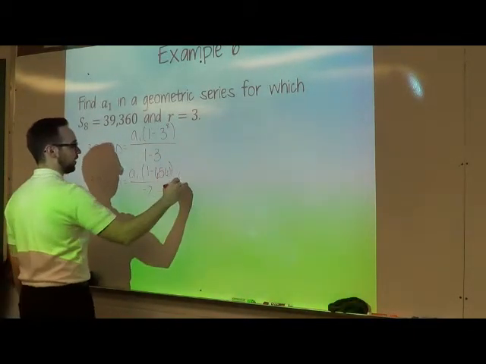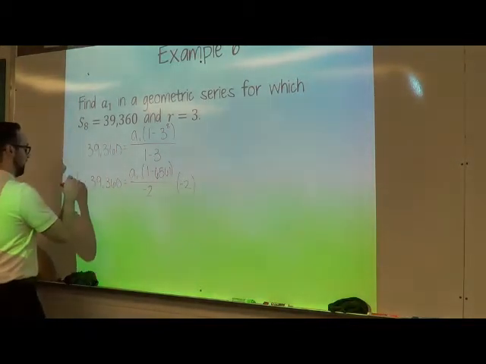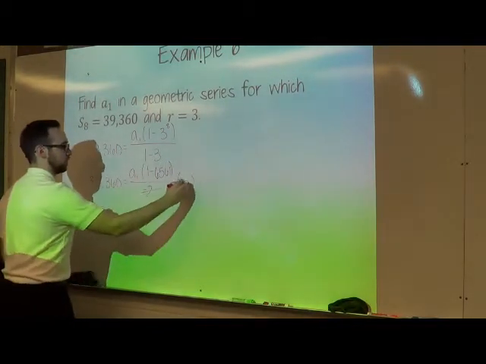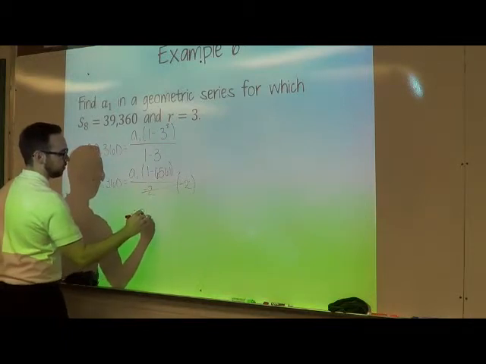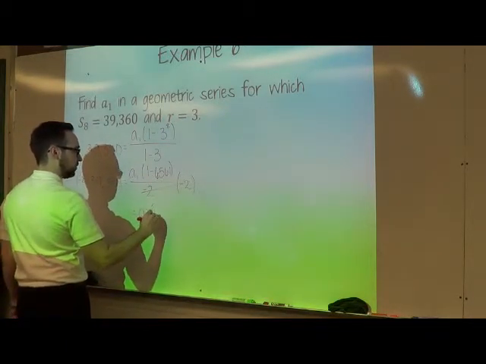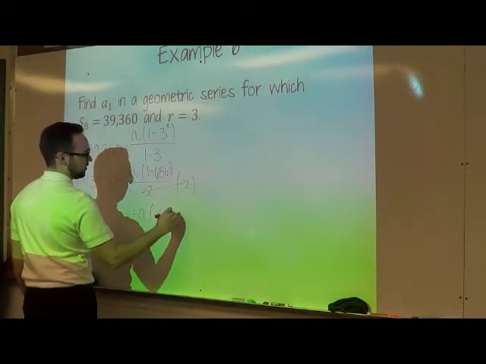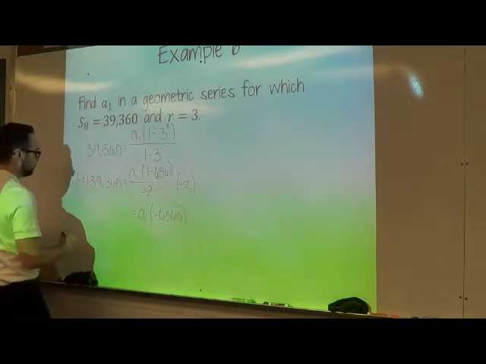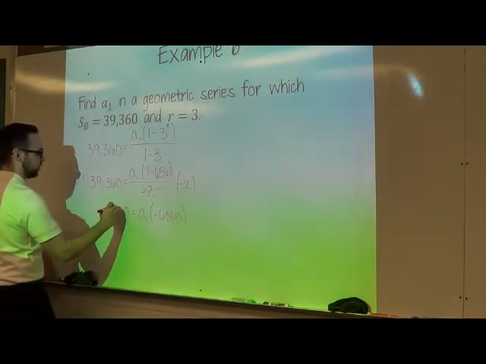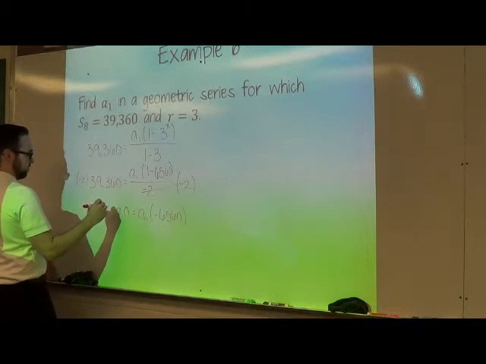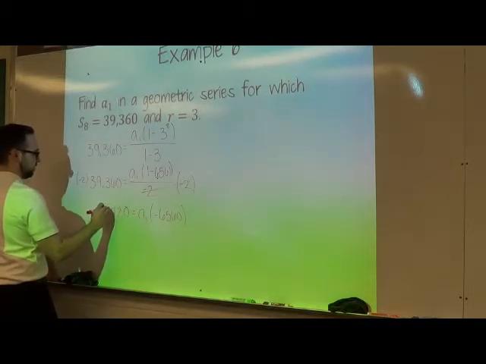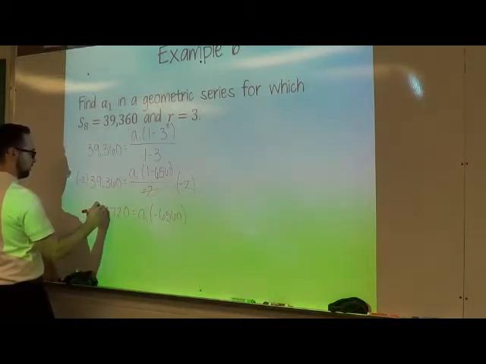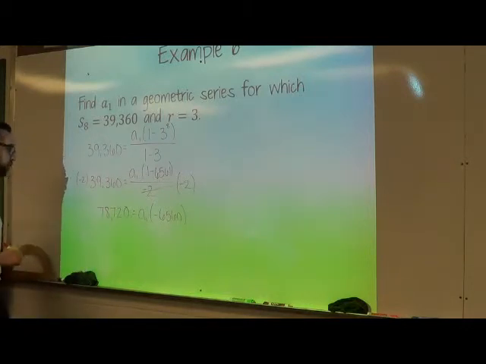If I multiply both sides by negative 2 to eliminate that, we end up with a sub 1 times negative 6,560, and over here we end up with negative 78,720.